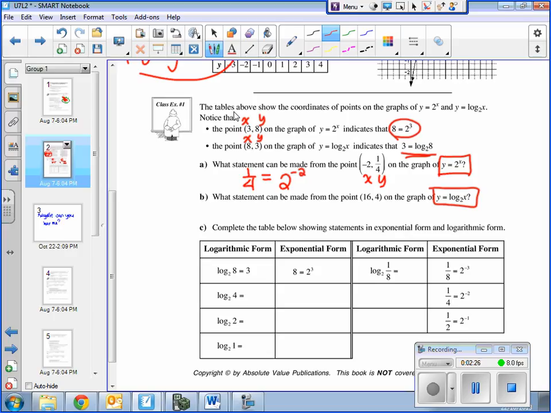So this is your x. It always goes x comma y. So if your y is 4, it's going to be 4 equals. Perfect. Log of 16 base 2. Does everyone see where we're getting these numbers?